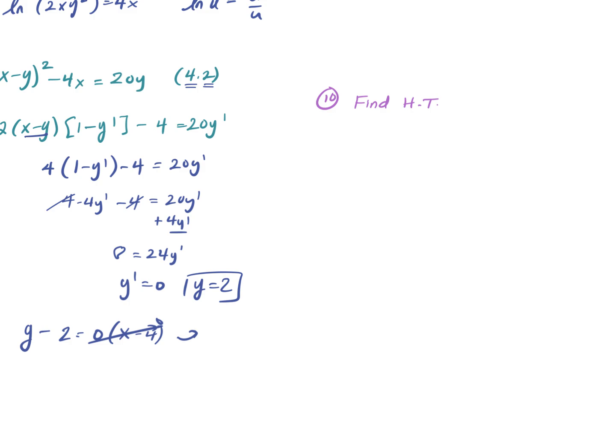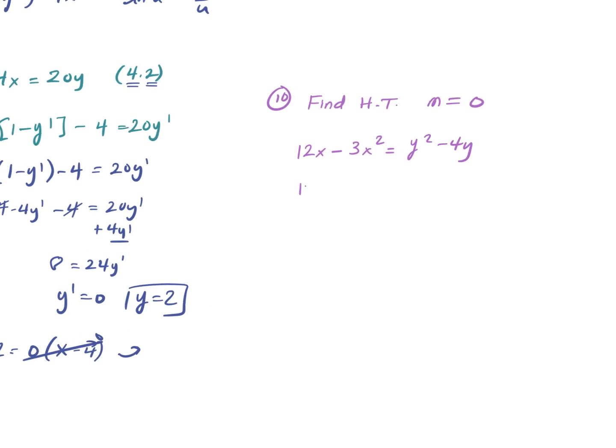So that's when you set the slope equal to 0. So we have 12x minus 3x squared equals y squared minus 4y. So I'm going to do implicit. So we get 12 minus 6x equals 2y times y prime minus 4 times y prime.